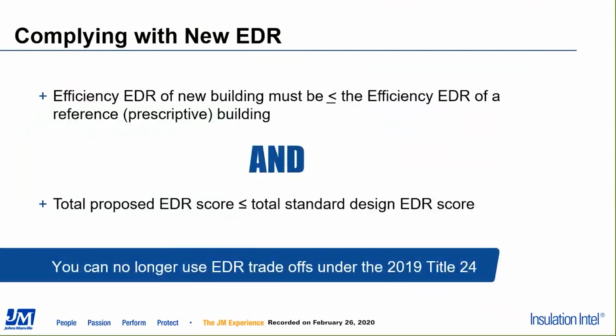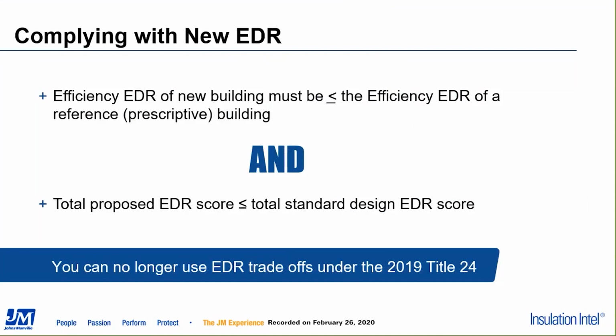And when it comes to complying with the new version of the code, there's actually two measures. There's an EDR target just for efficiency that has to be met, and that's this first bullet, right? So the efficiency EDR of the new building has got to be less than or equal to the efficiency EDR of some reference, usually prescriptive path style building, and the total EDR, again, must be less than or equal to this total standard score.